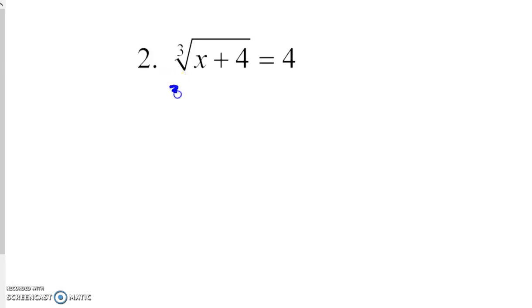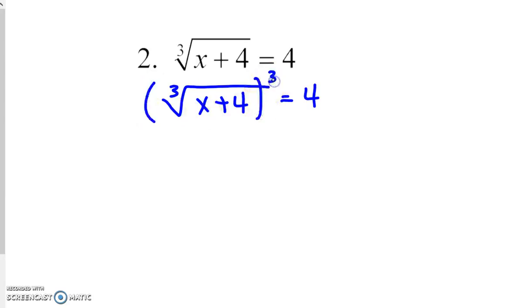Okay, in this problem, it's the cube root of x plus 4 equals 4. So now the thing is, instead of a square root, it's a cube root. So what do I need to do? I need to cube both sides. So if I cube one side, I cube the other side.